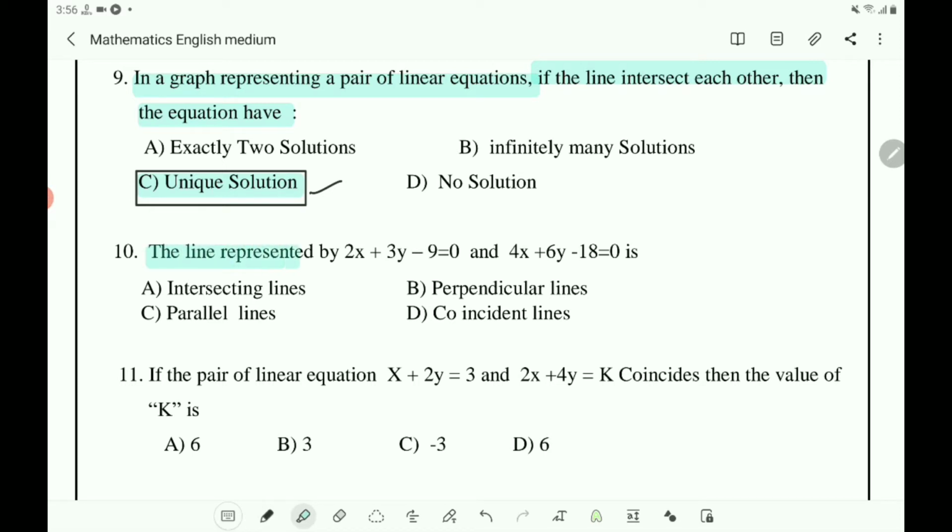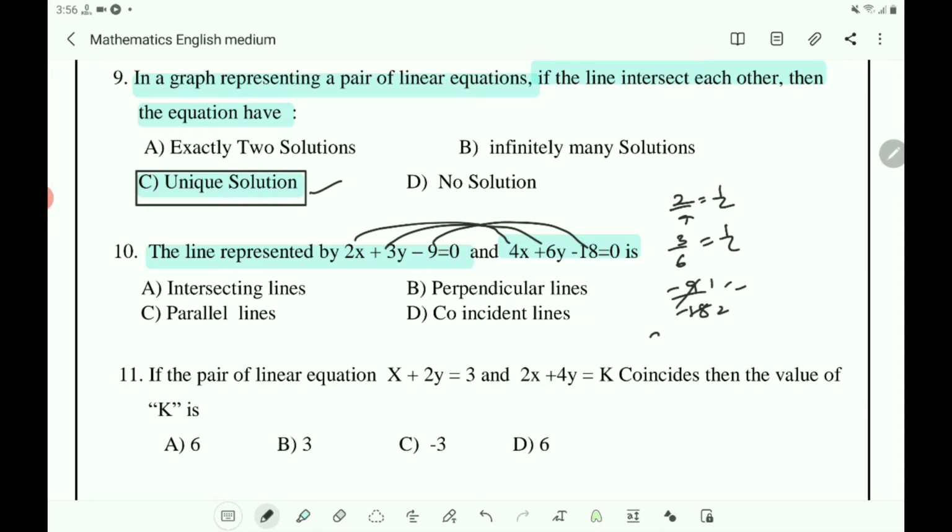The lines represented by 2x plus 3y minus 9 equals 0 and 4x plus 6y minus 18 equals 0 are. Here, let us find the ratios a1 by a2, b1 by b2, c1 by c2. a1 by a2 is 2 by 4, which equals 1 by 2, and b1 by b2 is 3 by 6, which equals 1 by 2. Then c1 by c2 is minus 9 by minus 18, which is also 1 by 2.